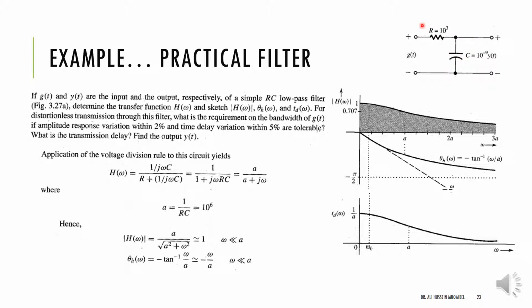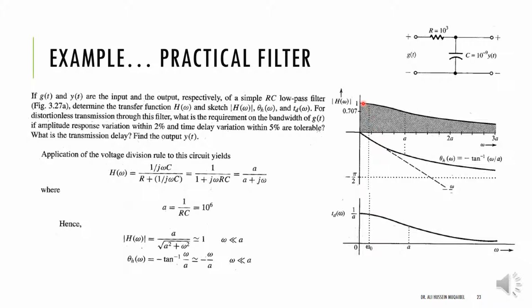So how do you find the transfer function of this circuit? Capacitor impedance is 1 over j omega C. If you use a voltage divider, then the output is related to the input as 1 over j omega C divided by R plus 1 over j omega C, with a little bit of arrangement. Using the values given in the question, 1 over RC is given to be 10 to the power 6. So we can get the following sketch.